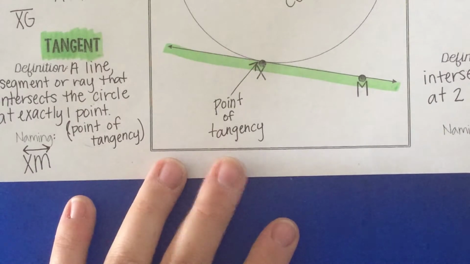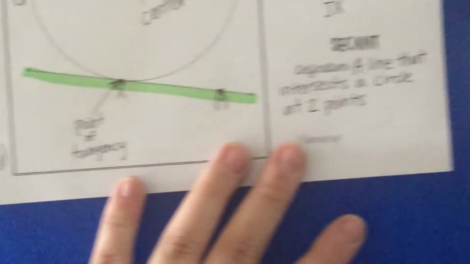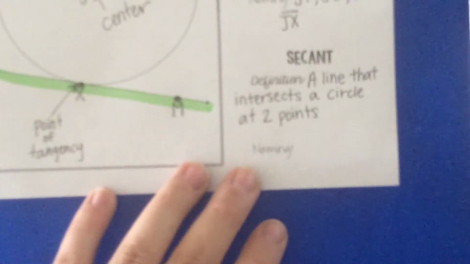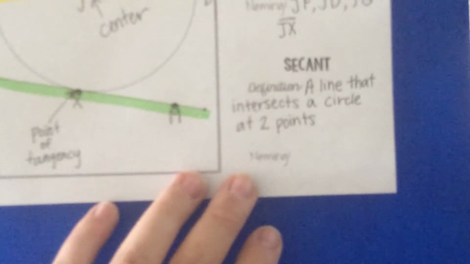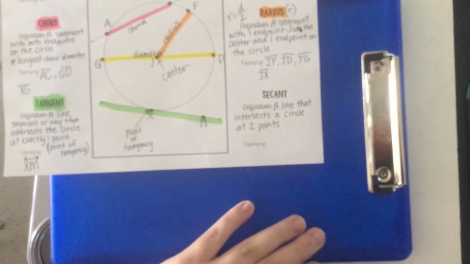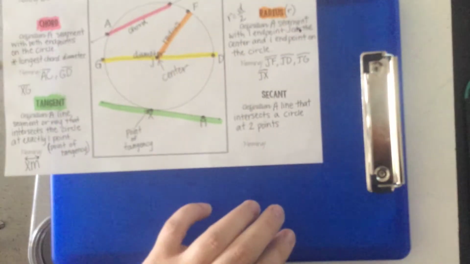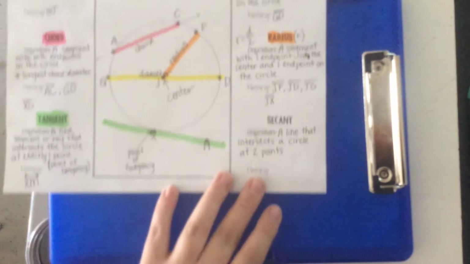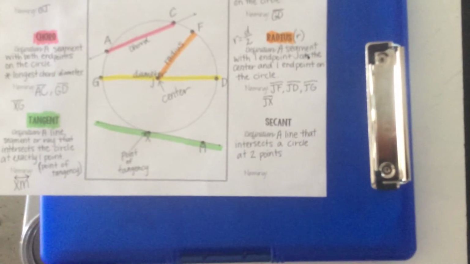Now our last piece is called a secant. A secant is always a line. Our secant is a line that intersects a circle at 2 points.